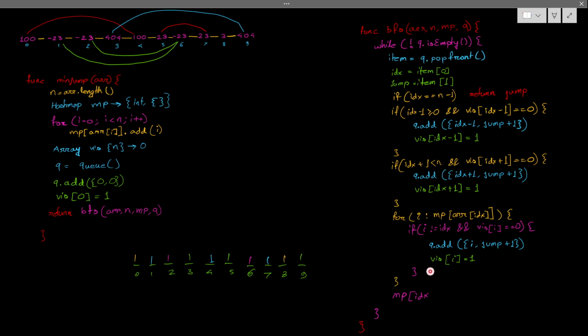That means there are two cases in the map for this index. One case is that the value of this index is appearing the first time. The other case is that the value of this index is appearing a second time or later, so the first appearance is also done. If it is the first appearance, there should be some indices that I have to add into the queue.